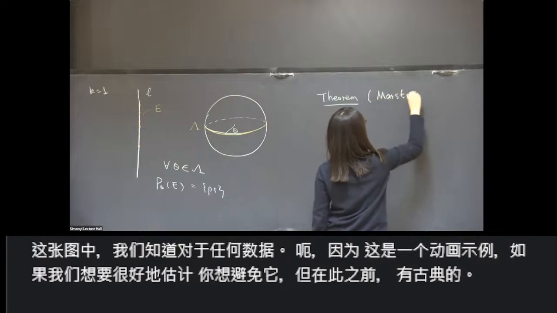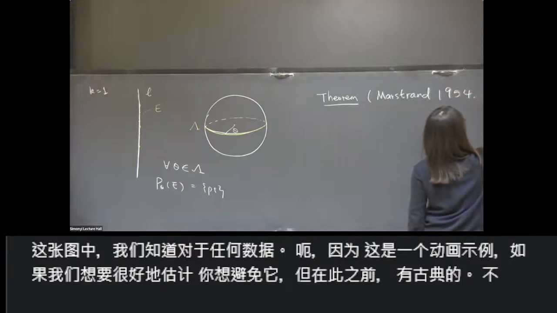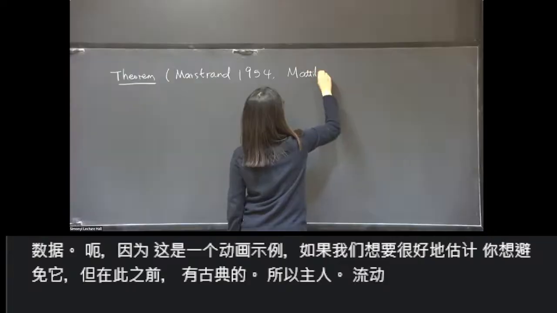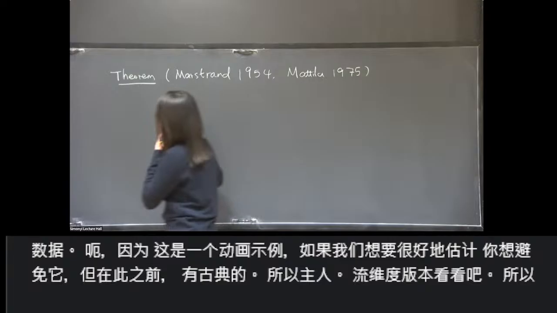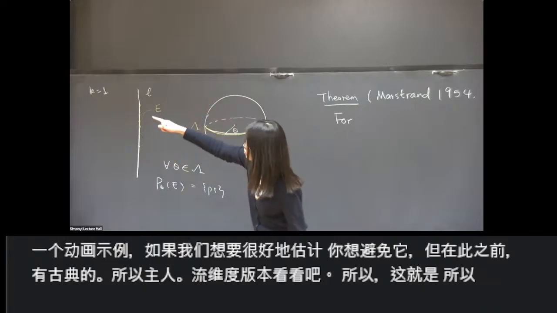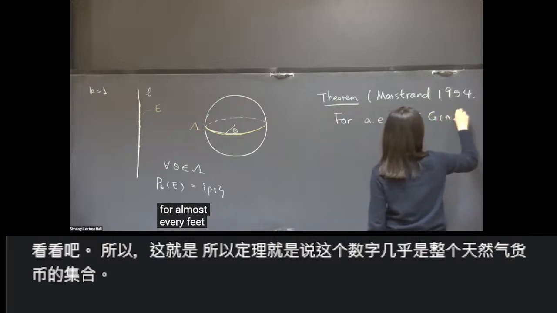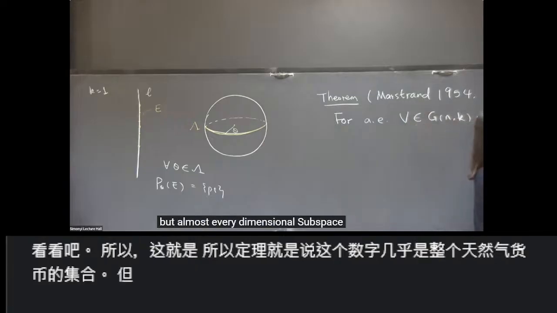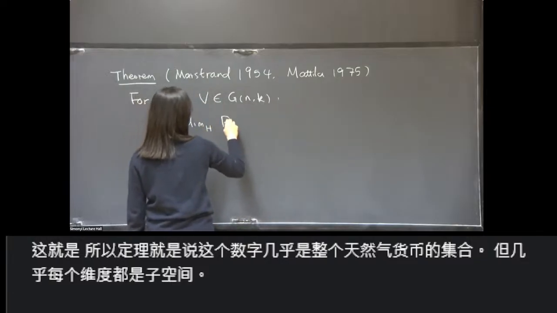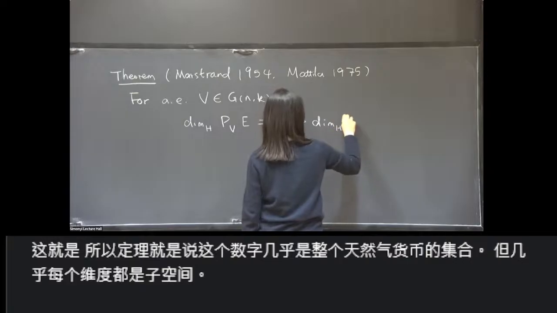But before that, there is the classical theorem of Marstrand, and also by Mattila. Marstrand proved the low dimensional version and Mattila the general one. Their theorem is about lambda being the whole Grassmannian: for almost every k-dimensional subspace V, the Hausdorff dimension of the projection image equals the minimum of the Hausdorff dimension of E and k.